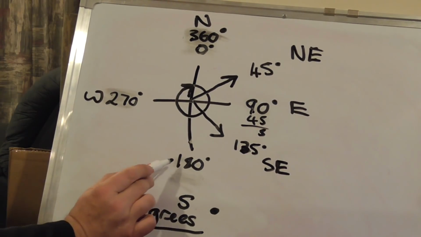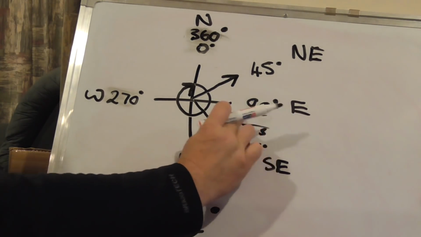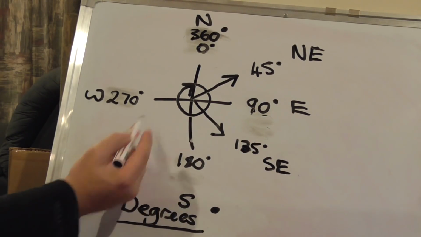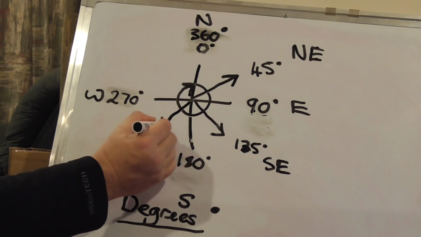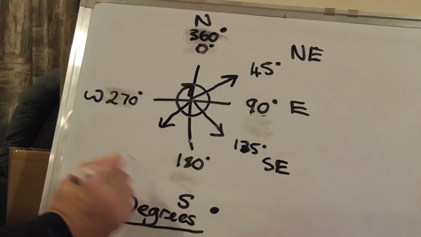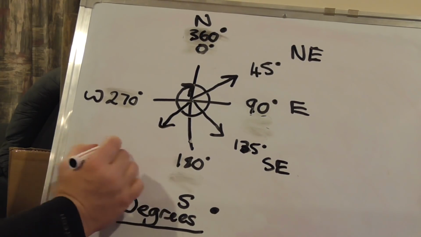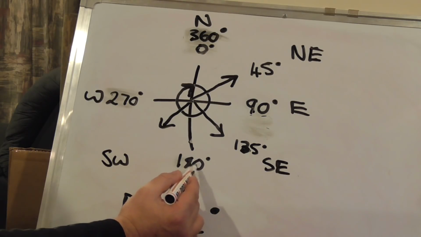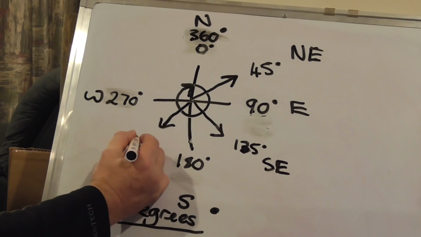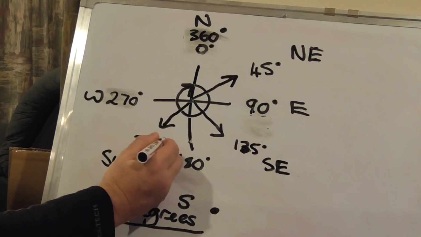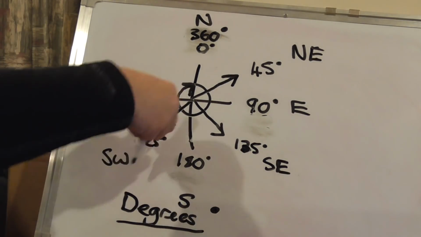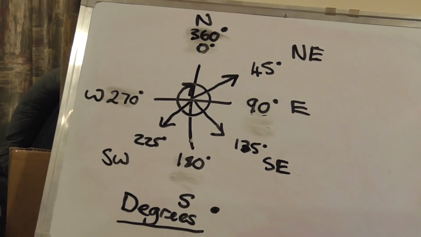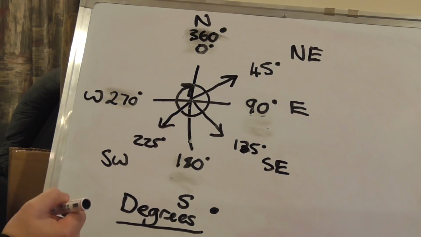And then to go up here, which is halfway between 180 and 270, would be our southwest. We add an extra 45 on, so that would make it 225 degrees in that direction. If we're heading in that direction, it would be 225 degrees.